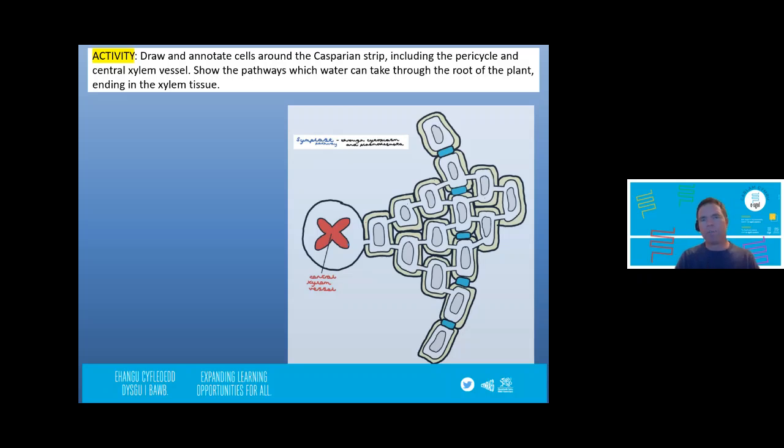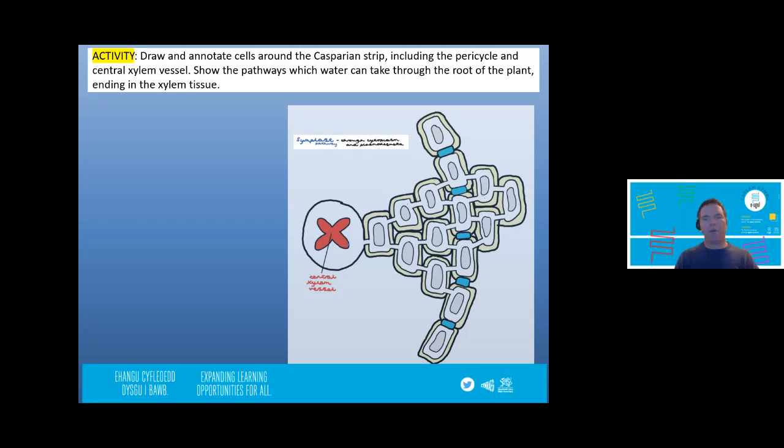In order for water to pass through the symplast pathway, it needs to get into the cells and then will pass from cell to cell through the cytoplasm and via plasmodesmata. Plasmodesmata is a term you would have come across in 1.2, cell structure and organization.